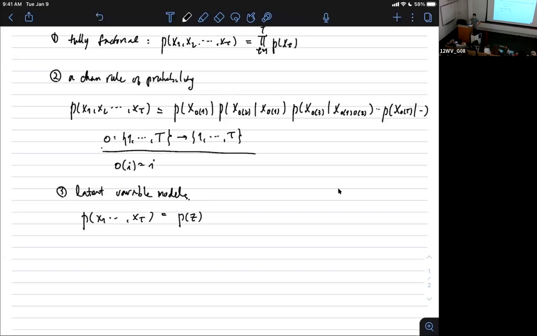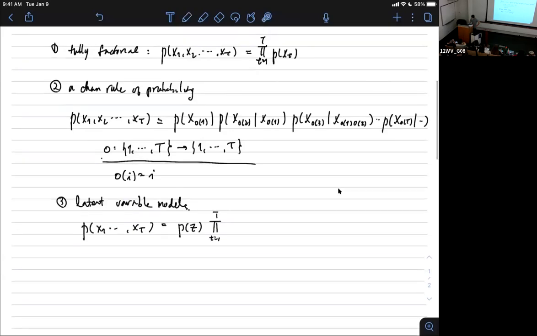We don't observe it at all, we just introduce it ourselves. Then we rewrite this similarly to the fully factorized version, but we condition each and every token's probability on this z. We're going to marginalize out this z.